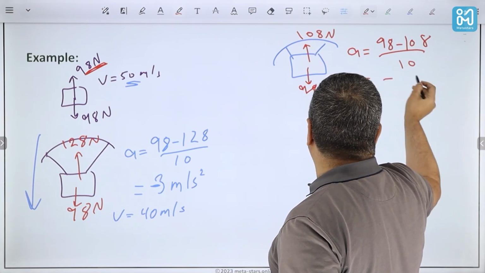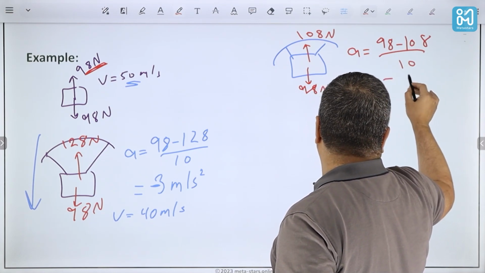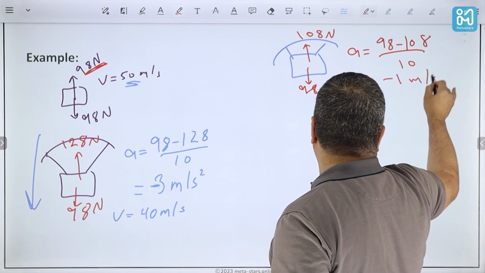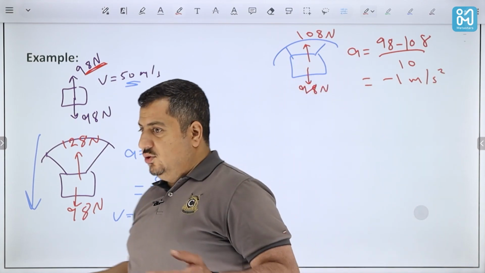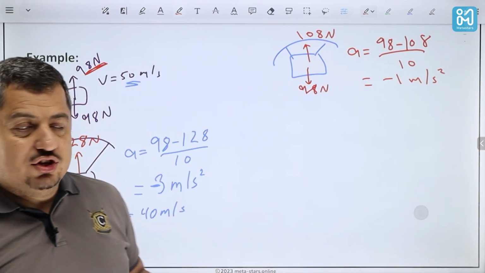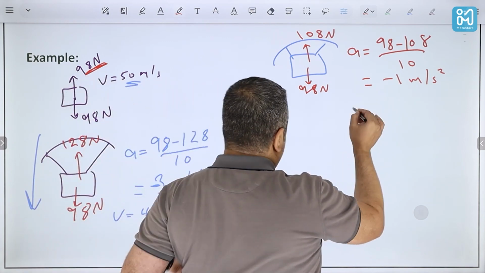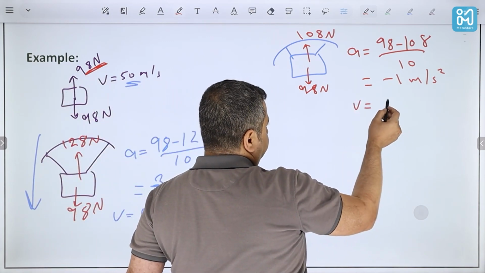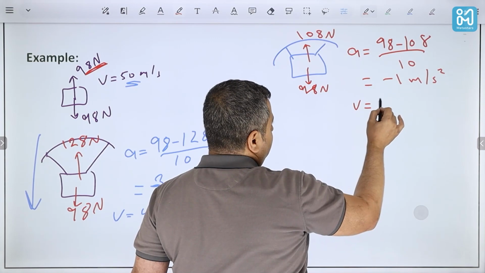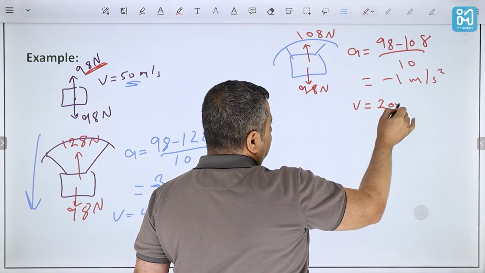This gives negative 1 meters per second squared. So still deceleration, and so the speed will reach, for example, 20 meters per second.